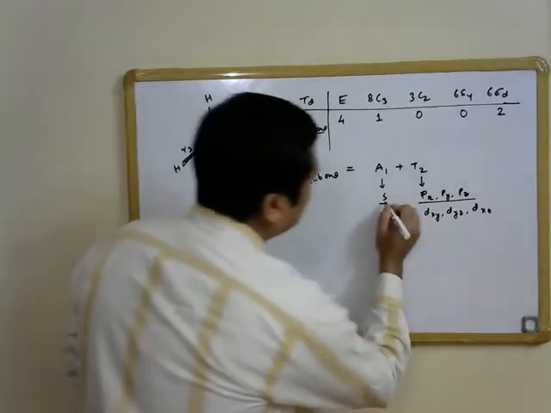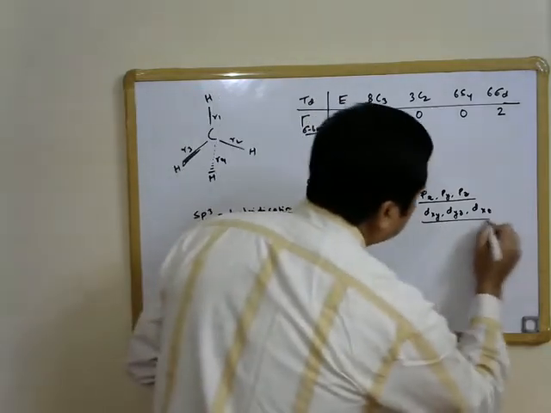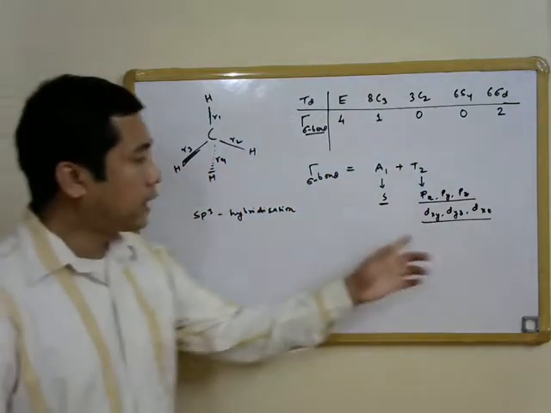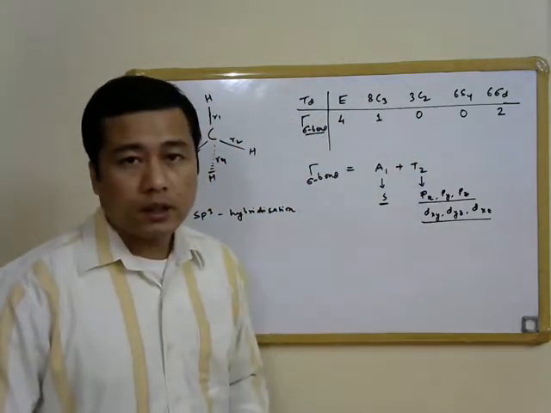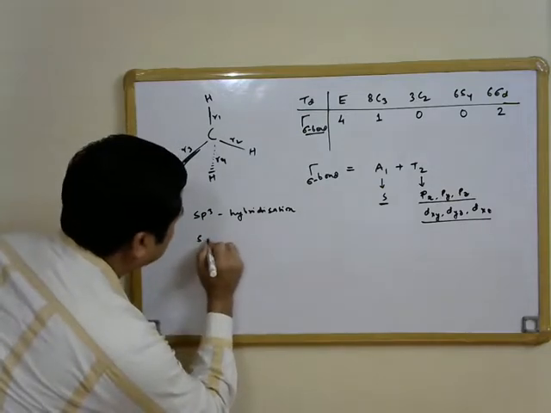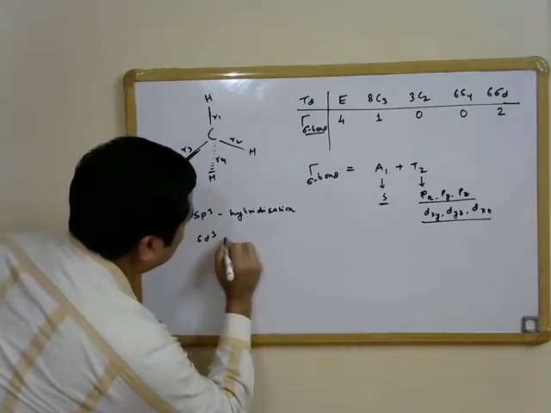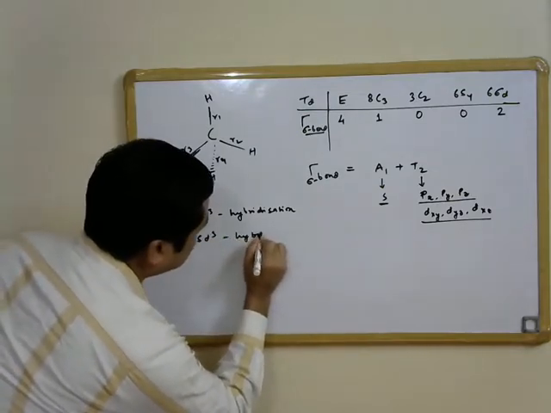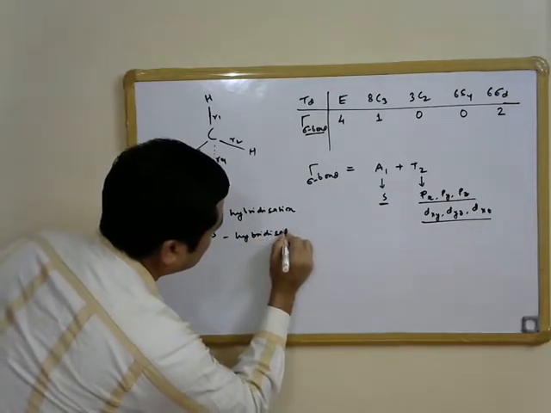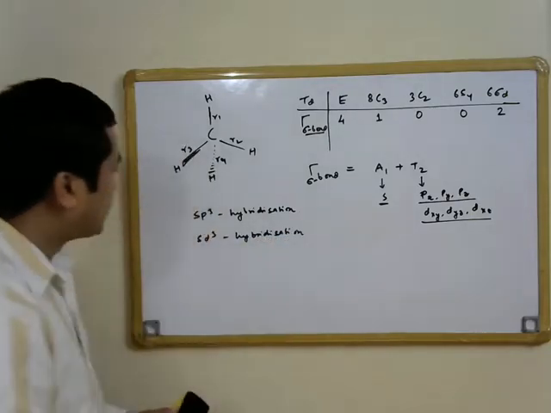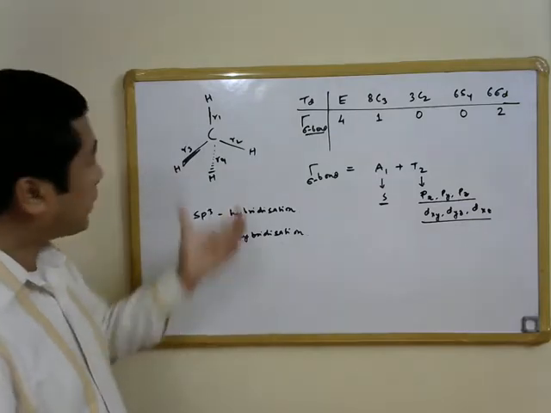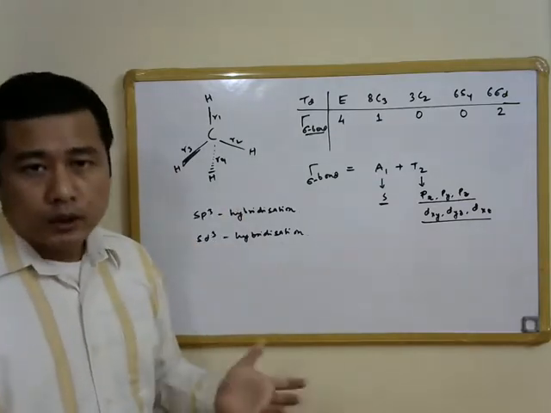Similarly, we can also combine one s orbital and 3 d orbitals, that is the xy, the yz, and the xz, and then we have sd3 hybridization, and the sd3 hybridization will also give us a tetrahedral geometry.